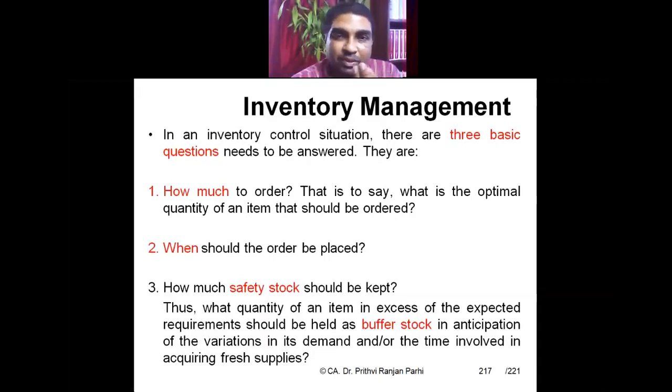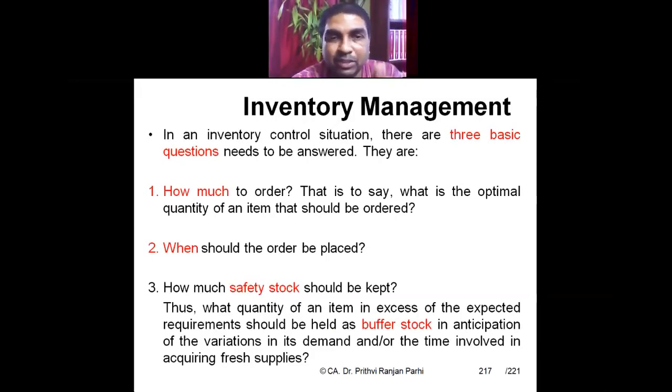We have understood reorder level, etc. Then when to place the order, what is the time at which ordering needs to be done. Then what is the safety stock that needs to be kept, which is also called the buffer stock. That means in no situation should your stock fall below that level. That's the minimum safety stock which needs to be maintained.